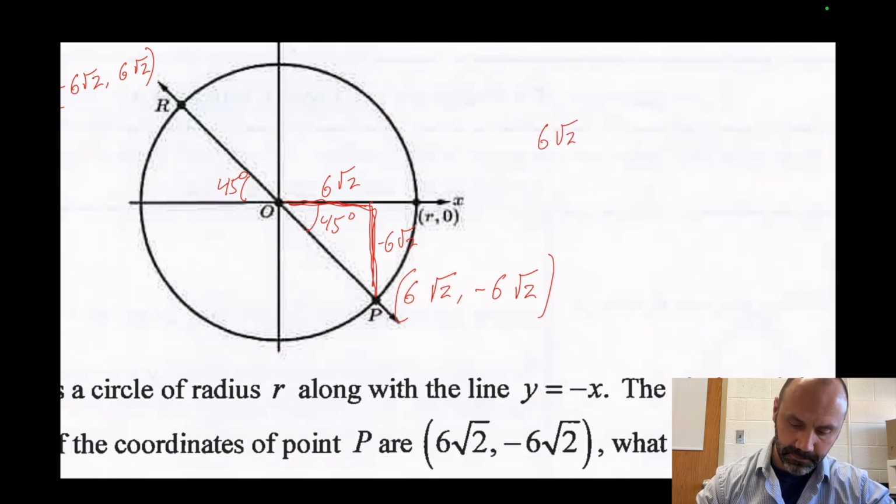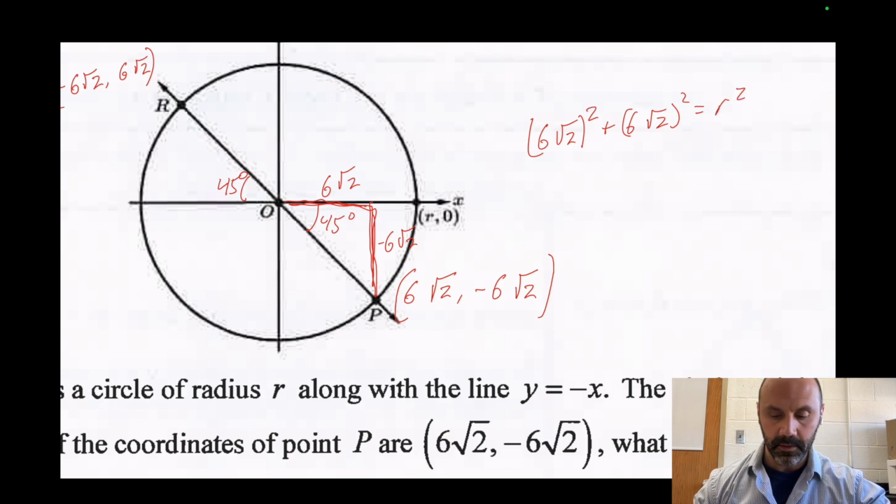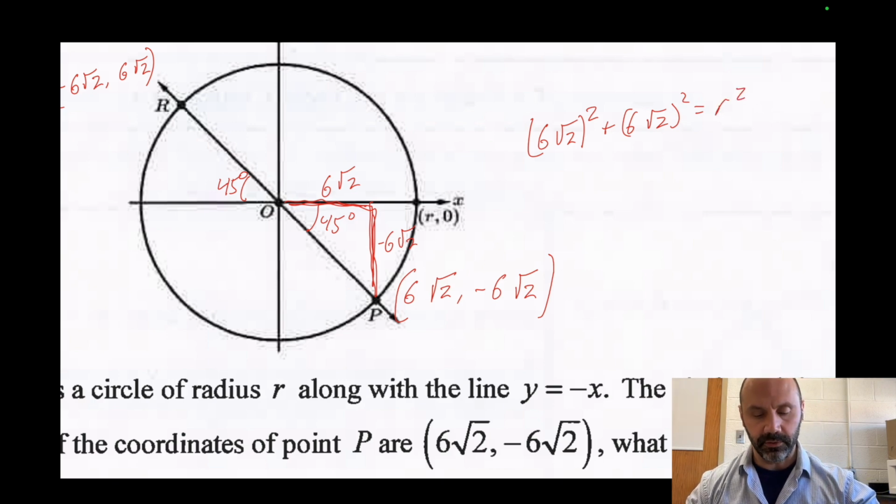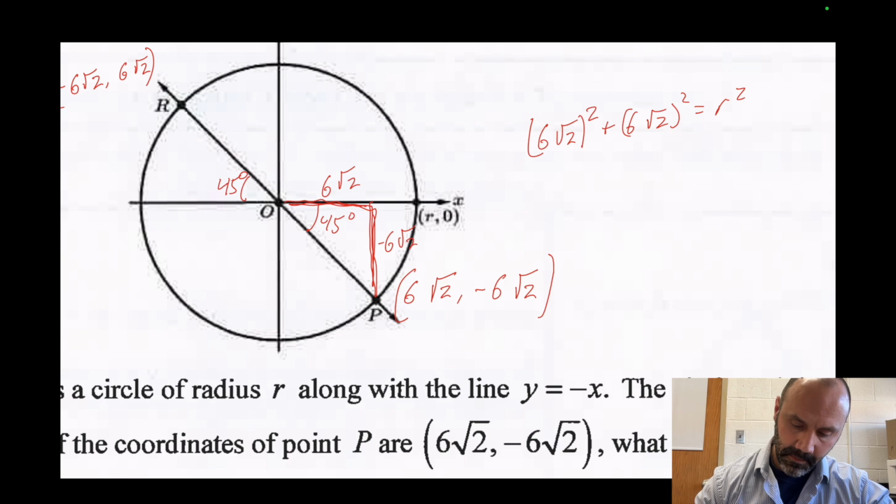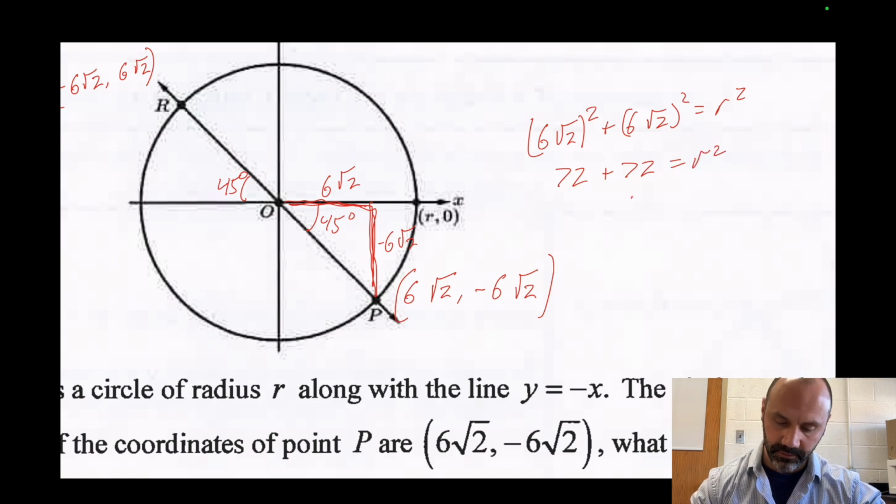So 6 root 2 squared plus 6 root 2 squared equals r squared. Well, 6 times root 2 squared is 36 times 2, so that's 72. 72 plus 72 equals r squared. So 72 plus 72 is 144, equals r squared. So r is equal to 12.